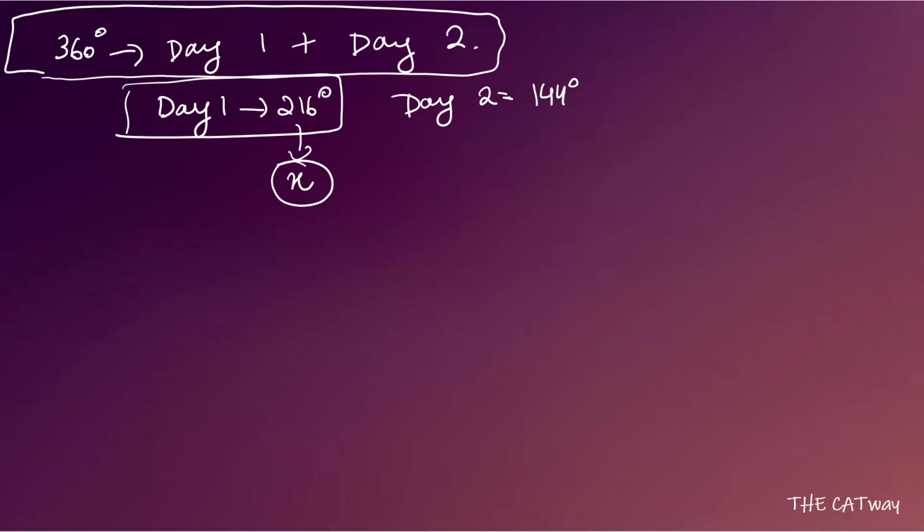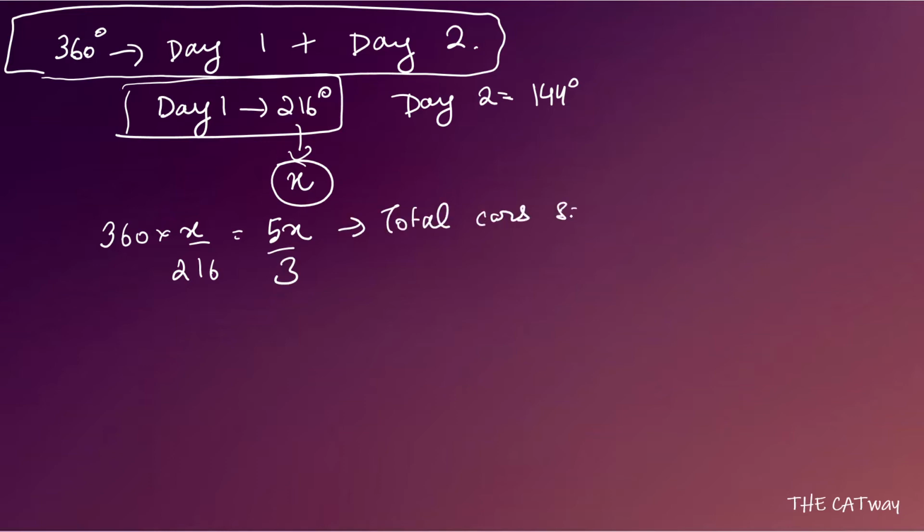So how many times is the total number of cars sold on day 1 plus day 2 of the number of cars sold on day 1? This you can get by 360 into X divided by 216. So your answer will be 5X by 3, which is the total number of cars sold on day 1 plus day 2.